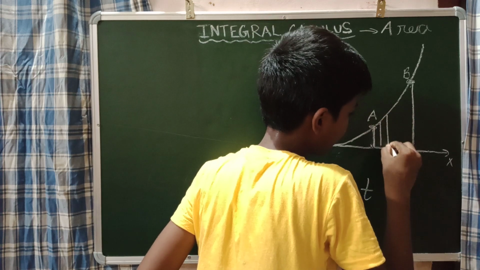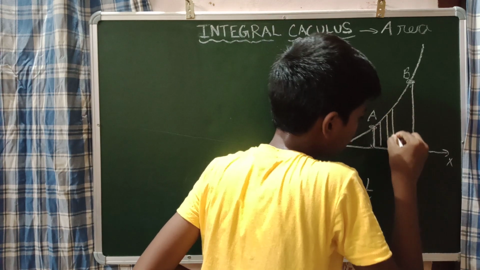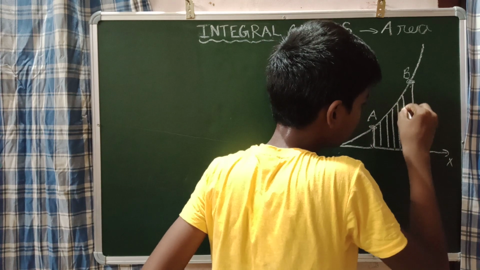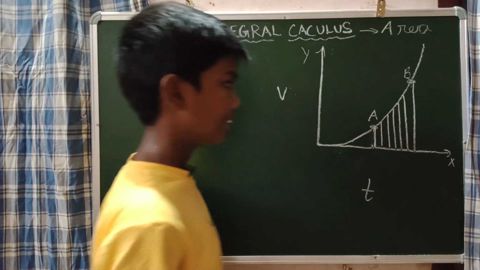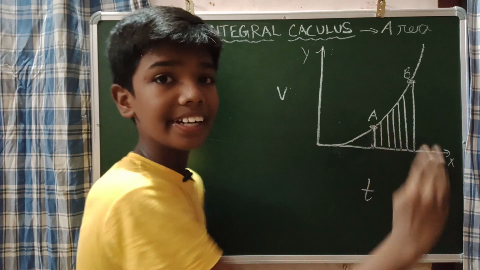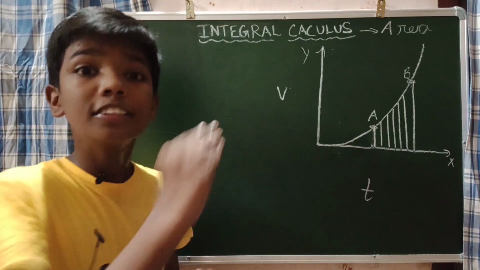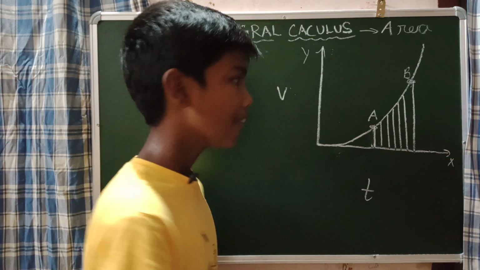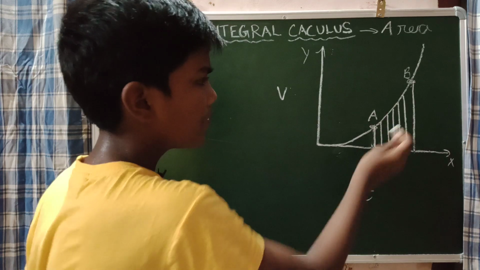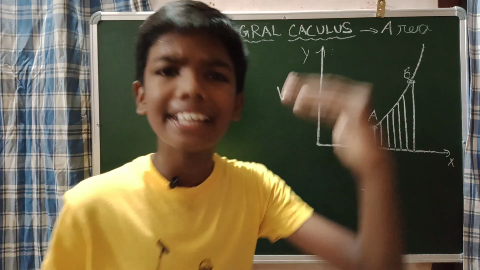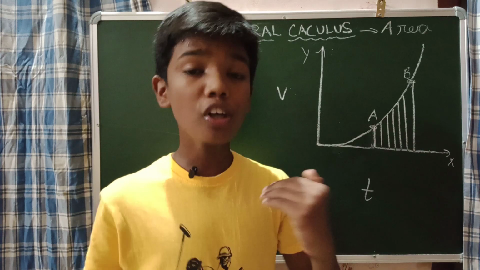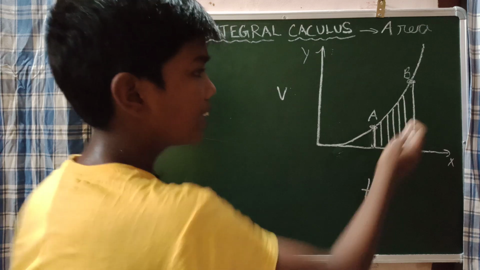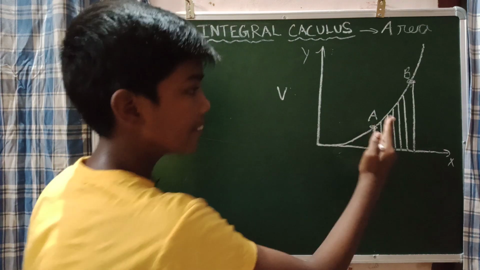Like this I will be dividing. Now I divided. This is how I am going to divide it into small strips. Why am I dividing? Because as I told earlier, it is an irregular shape. When we divide, it somewhat becomes a rectangle. So I am dividing, because if it becomes a rectangle we can use the length into breadth formula and find the area. But if it is irregular we can't find it. So I am dividing into small strips.